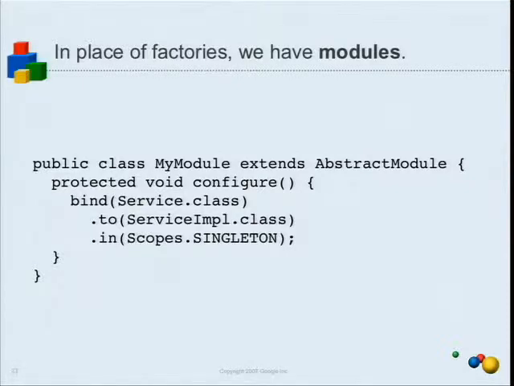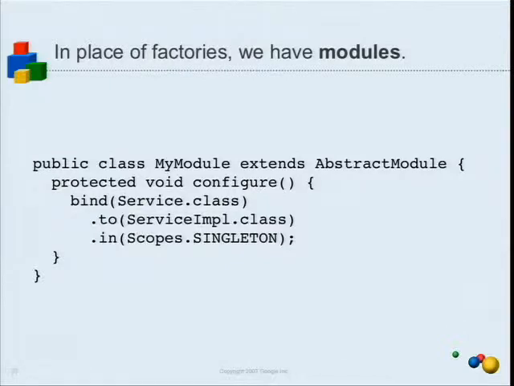I can use what we call a domain-specific language to communicate with Guice. All that basically means is that we have a nice little English spoken language sort of thing that's very readable. In this case, we want to tell Guice that whenever you see somebody that needs service, we want to give them a service impl, and we want it to be a singleton.